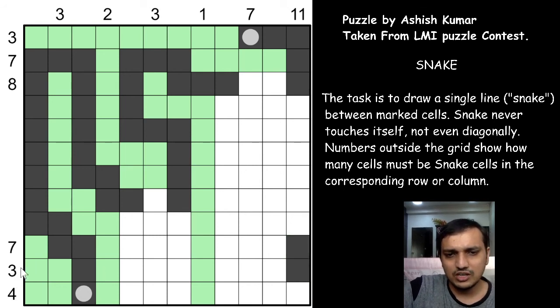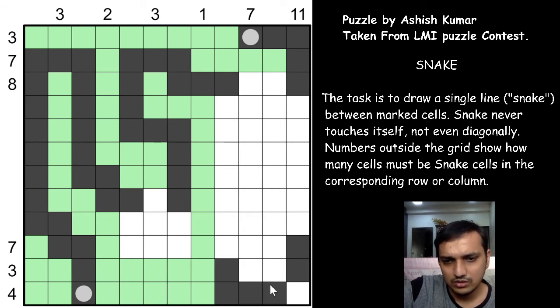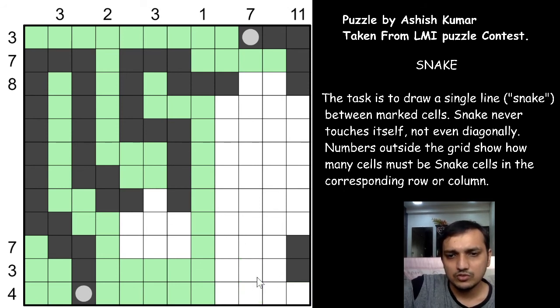So if you see these 3 now, we know that a U is formed here, not here. So we can unshade this and this. We know a U is formed here, either this way or this way, right? So if you see, if it is formed this way, the 3 has 4 snake cells, right?